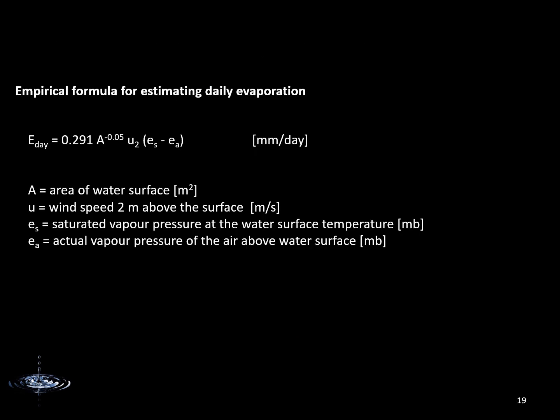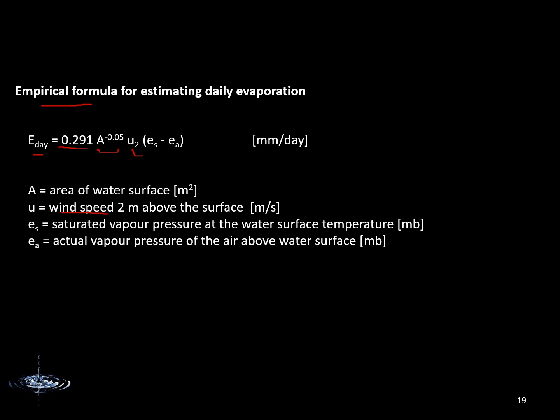Now there are different formulas to calculate the evaporation and evapotranspiration. Let's look at this empirical formula to estimate the daily evaporation. E day equals 0.291 times A to the power 0.05 times U2, which is wind speed 2 meters above the surface.